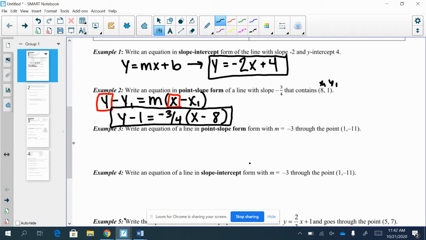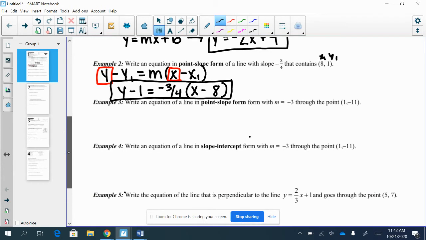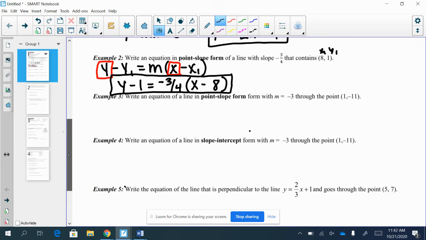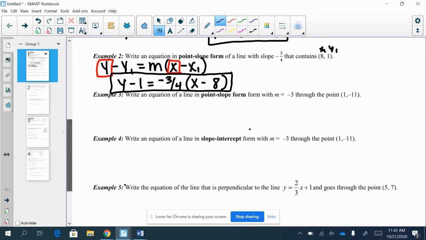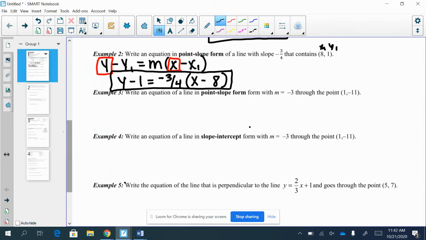Okay, so write the equation in point-slope form with a slope of -3 through the point 1, -11. Okay, so in point-slope form, y minus y1 is equal to m times x minus x1. So let's plug in our values. Our y1 value is -11.